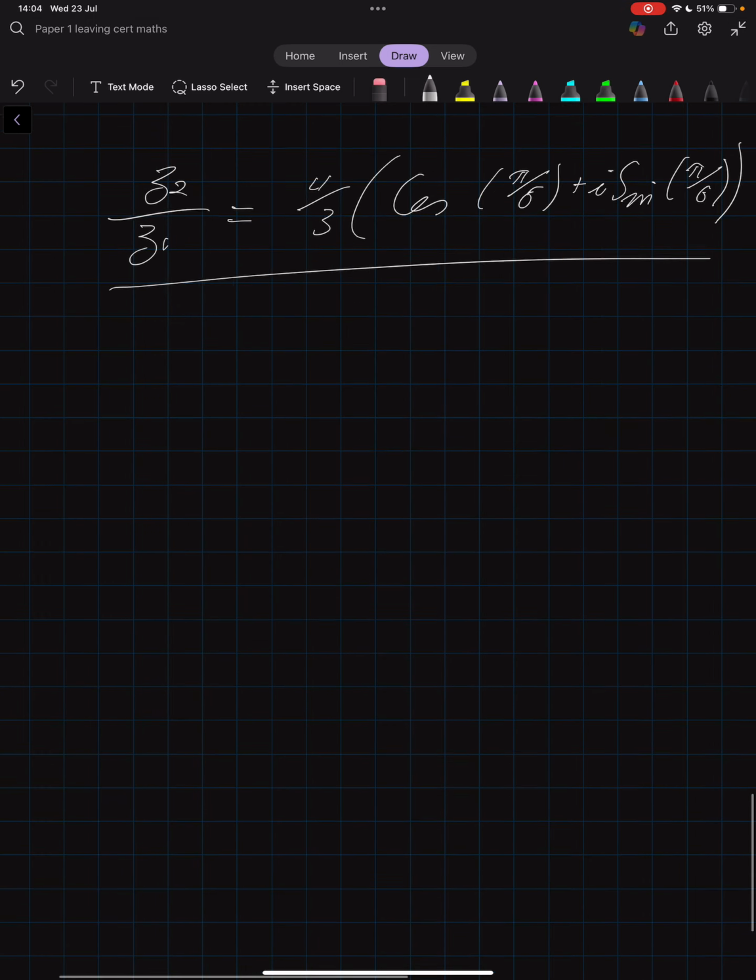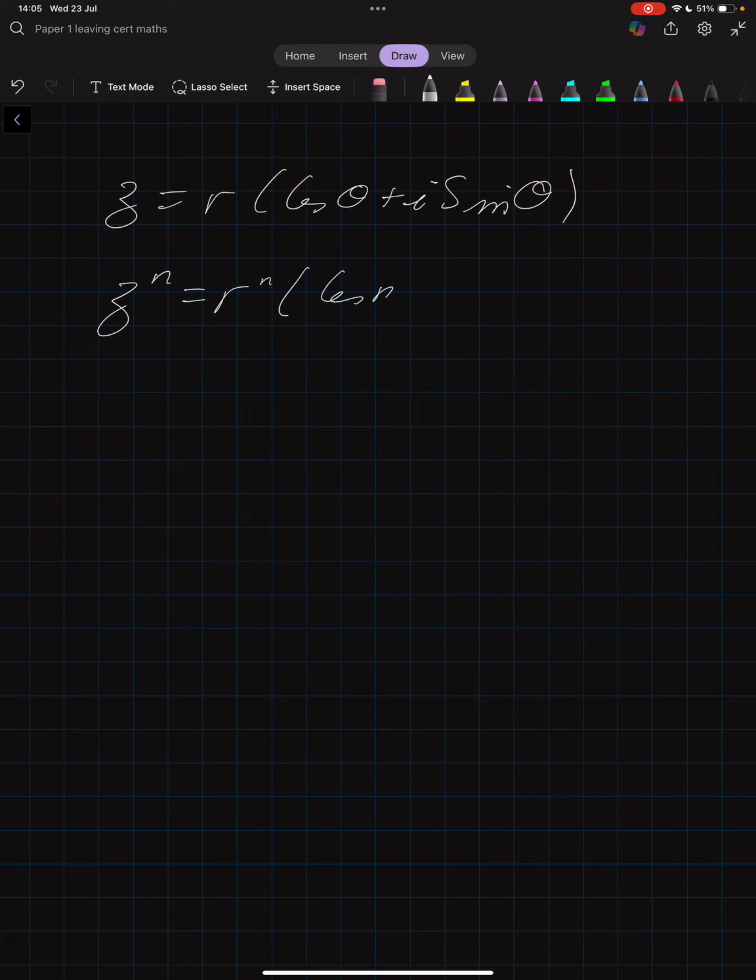Now, that'll give you some intuition as to why de Moivre's theorem is the way it is. So what is de Moivre's theorem? De Moivre's theorem basically says that if you have z is equal to r cos theta plus i sin theta, then z to the power of n is r to the power of n cos n theta plus i sin n theta.